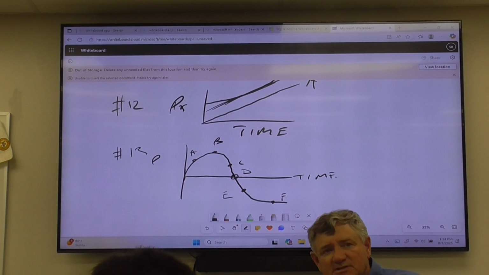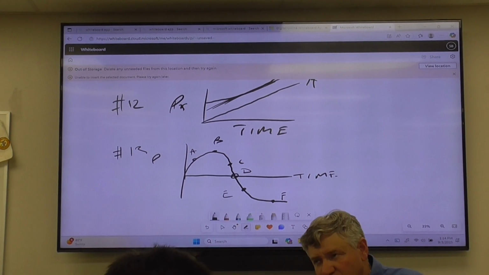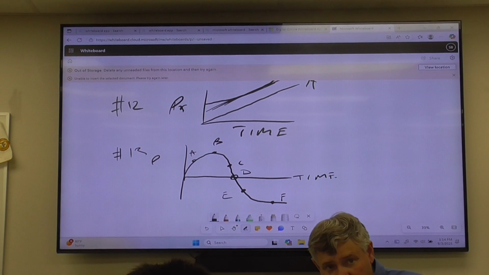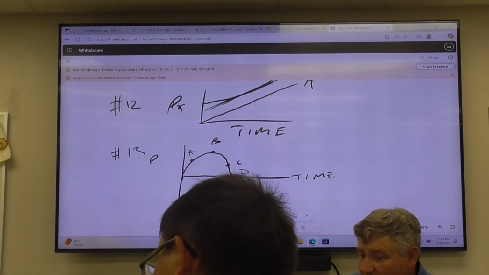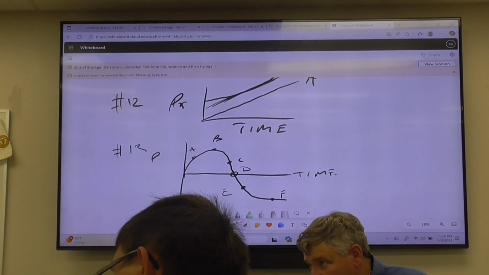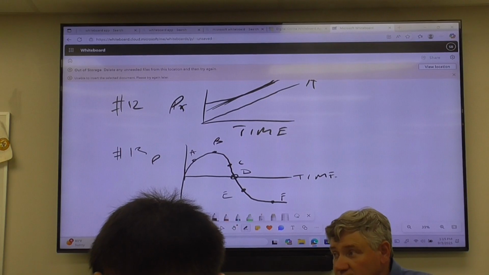This is a position time graph. If you want to find the fastest moving point, are you going to look for the steepest part of the graph or the most shallow part? Steepest. So you're going to look at the graph and go, where does this graph have the steepest point? D. Could be D.